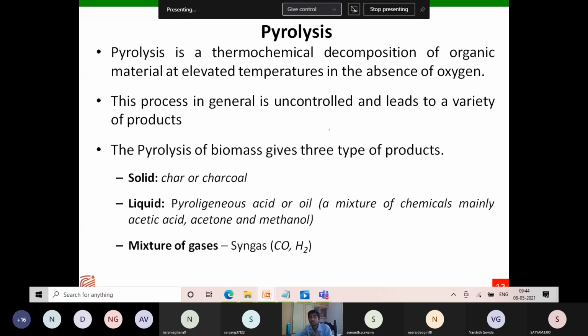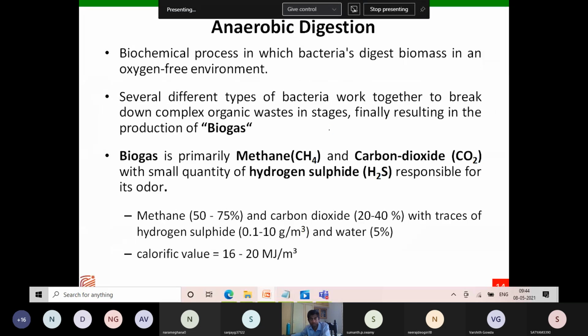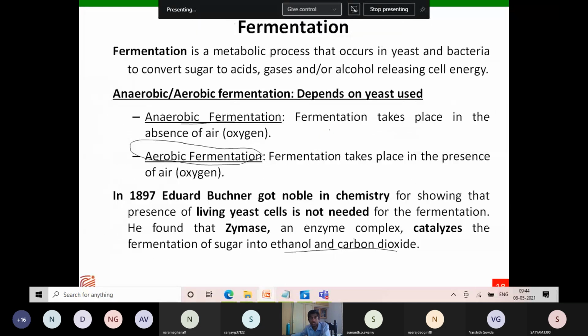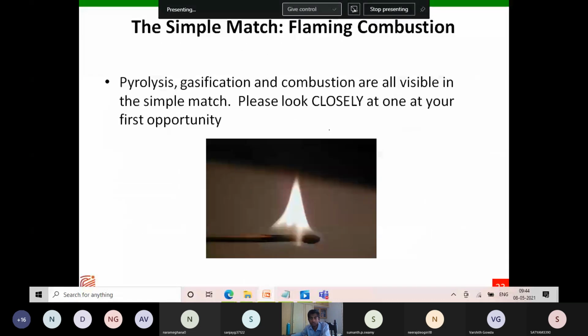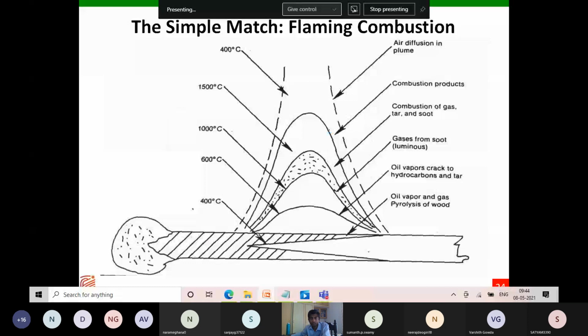It is syngas, carbon monoxide, and hydrogen. So this was what we discussed about pyrolysis 2-3 days back. I was just trying to revise pyrolysis again, so in case you have forgotten, you will get it.